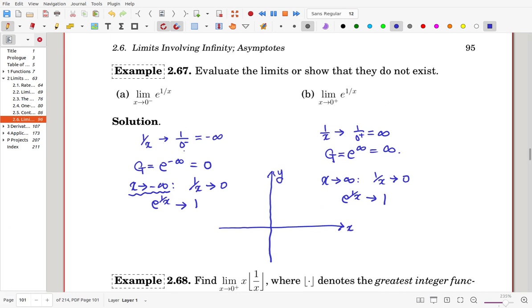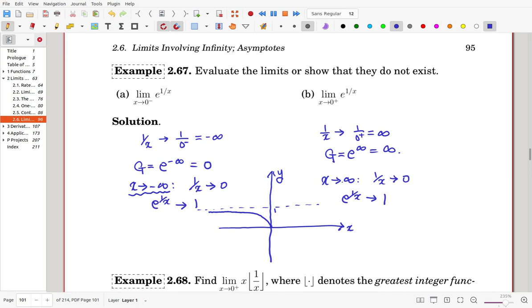Once x is approaching 0 from the left, the value is approaching 0, but when x approaches minus infinity, it's approaching 1. So the function value moves that way, and here is 1.